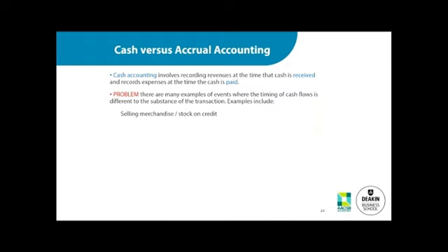Selling merchandise stock on credit. So you sell now, that's a part of the operation. The sale is incurred, but you do not take it into account until next year when you receive the cash from your debtor.